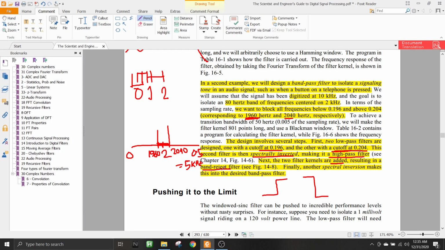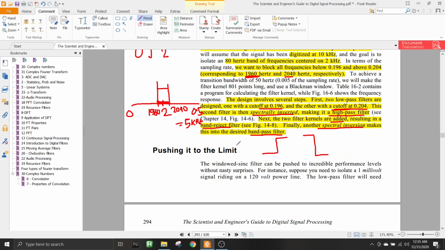But what do we need? We need a band pass, something that will pass this band of frequencies. So we just perform a spectral inversion to make it the desired bandpass filter. This is the sequence of steps we need to finally get a bandpass filter which will pass from 1960 to 2040, a total of 80 hertz.